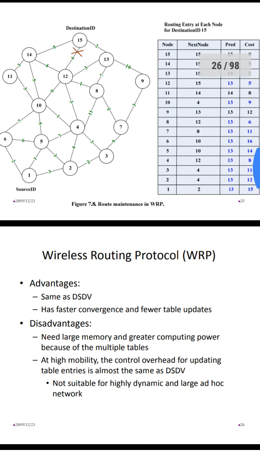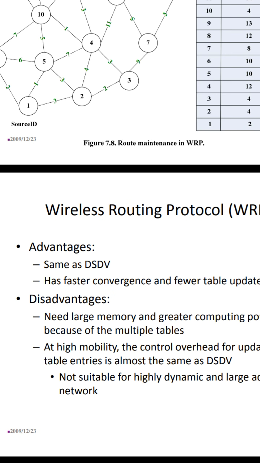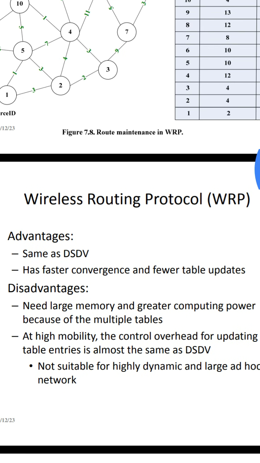Next we discuss the advantages and disadvantages of the wireless routing protocol. The advantages are the same as DSDV. Whatever advantages we have in DSDV, the same advantages are here also. And also here there is faster convergence and fewer table updates. This is another advantage.